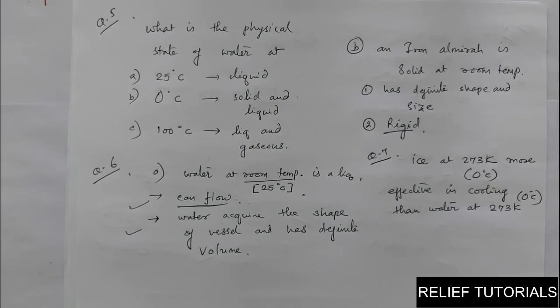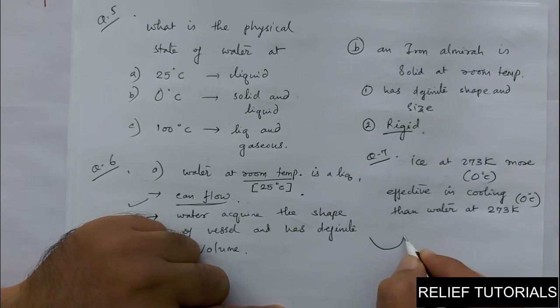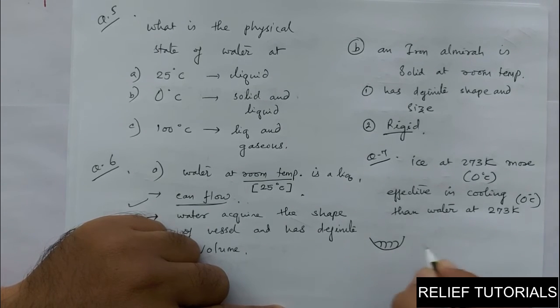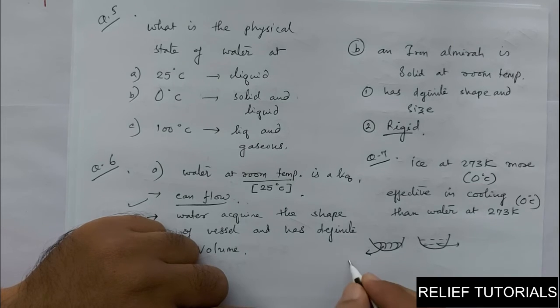But as we know the latent heat concept, if you compare the energy of two substances, ice at 0 degree Celsius and water at 0 degree Celsius, both have the same temperature, but water has more energy. Ice at the same temperature has less energy. So ice is cooler than water.